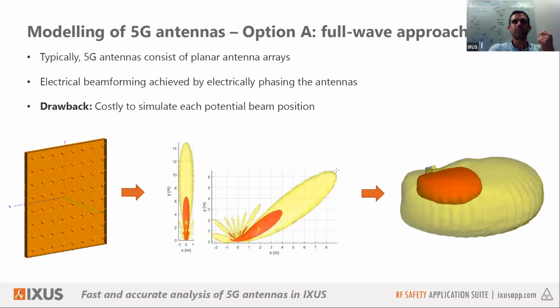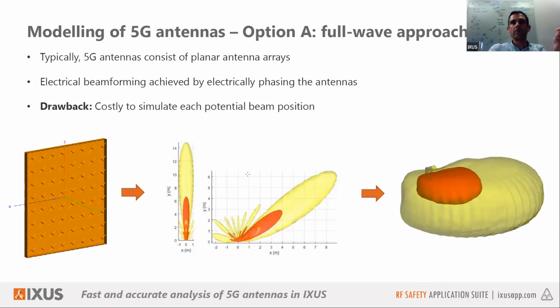We expect that. But what's the drawback? If you concatenate all these multiple scanning positions in a sufficiently fine scan grid, you can create something that looks like this on the right-hand side, which depicts the 5G antenna's radiation properties, where the beam was phased to all the positions where it's supported.